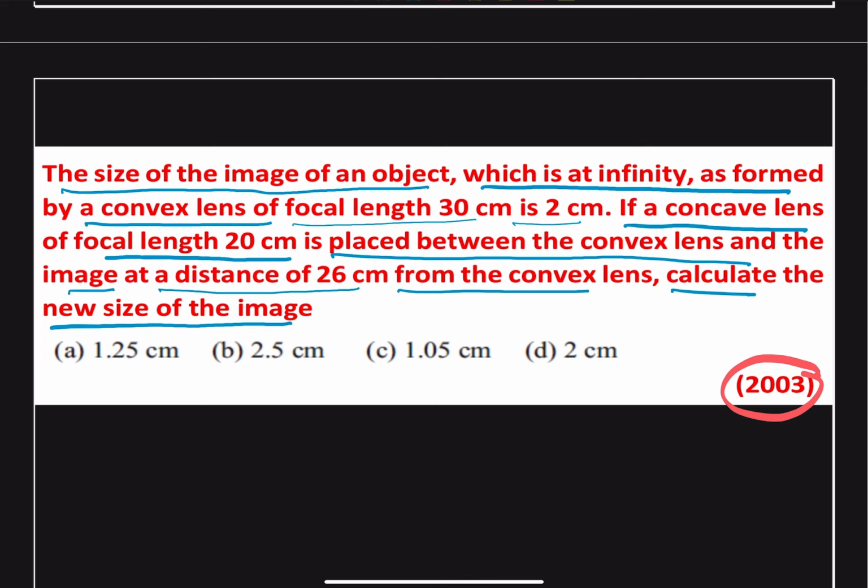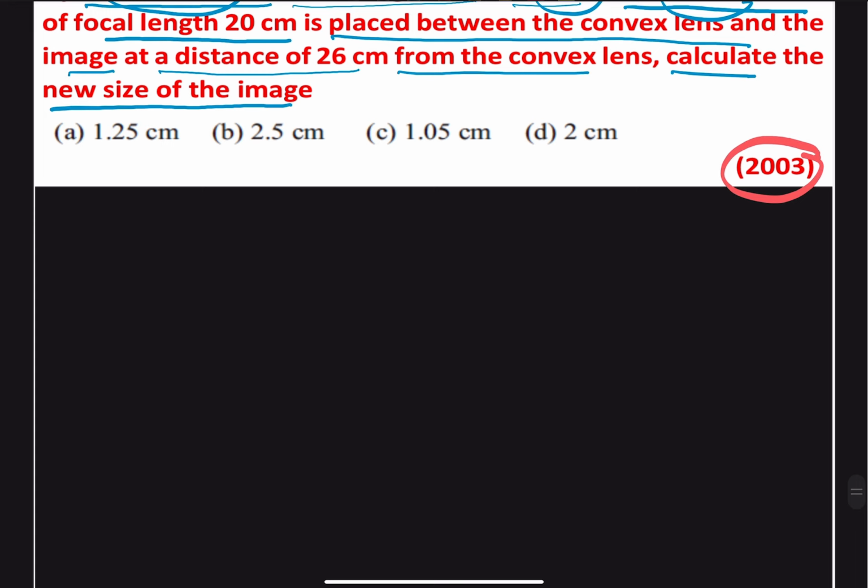So we have two things. First is we have only the convex lens and we are given the size of the image, and then the concave lens is introduced between the image and the convex lens. Okay, so we can draw the figure.